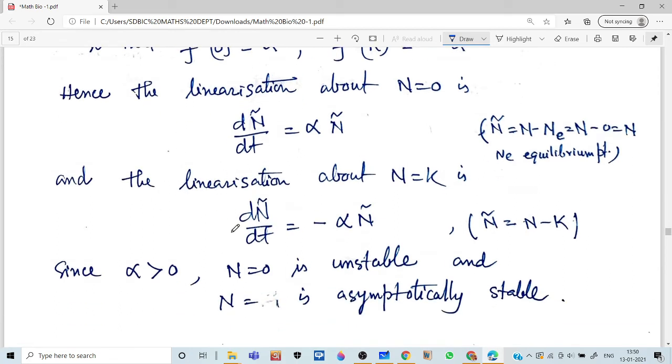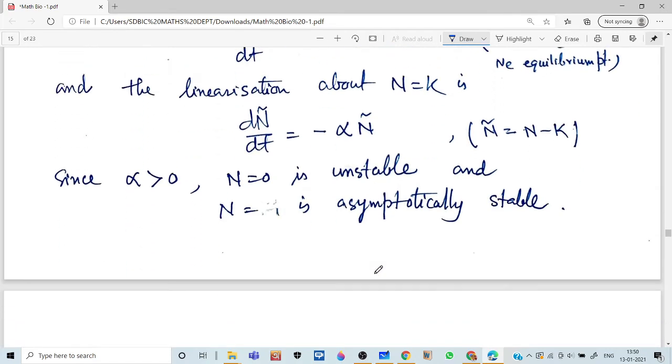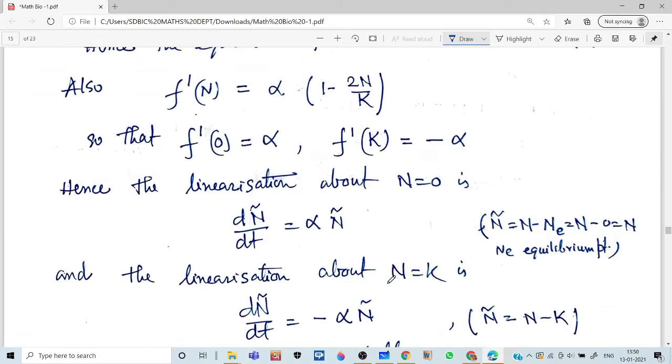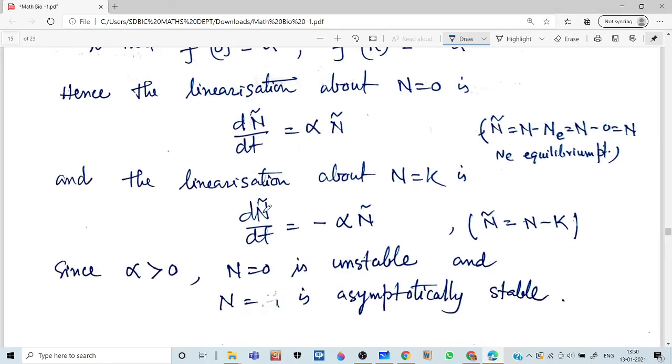And when n equal to k, the linearization model is dn tilde/dt equal to minus alpha n tilde, because f'(k) is equal to minus alpha.